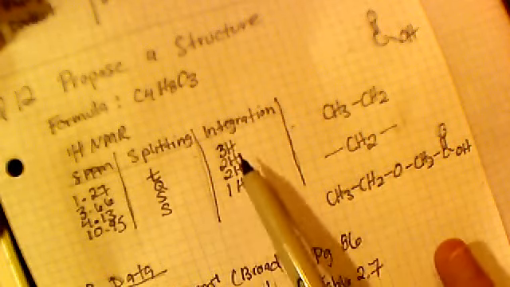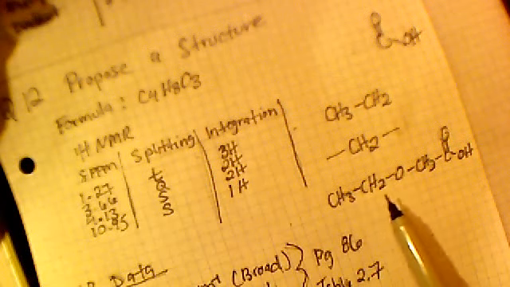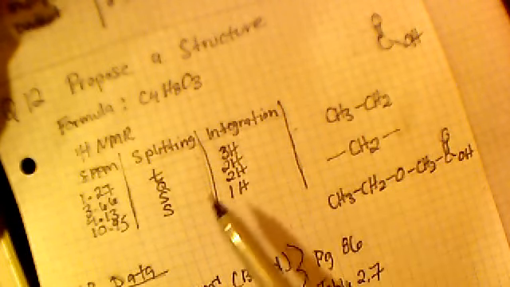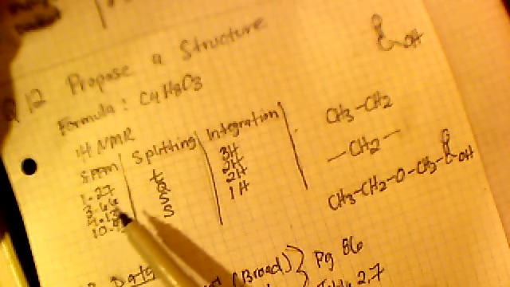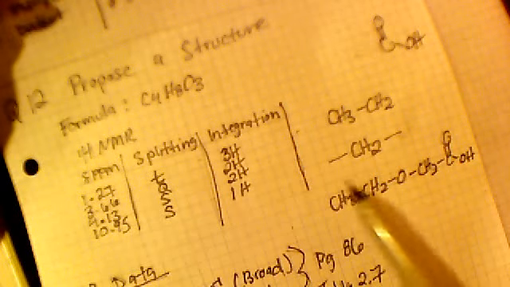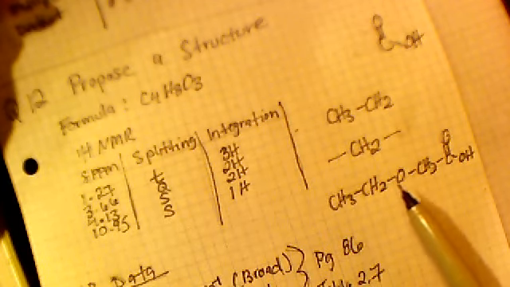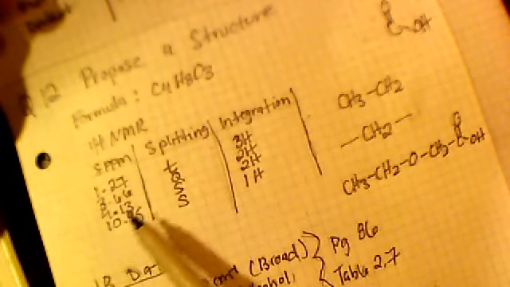Here's the CH3 that's furthest away from everything, being split into a triplet by these 2 hydrogens right here. These are the 2 CH2s that are closer to the oxygen because they're downfield, they have a greater chemical shift. This CH2, which is in between this oxygen and this oxygen, is further downfield, closer to electronegative atoms.